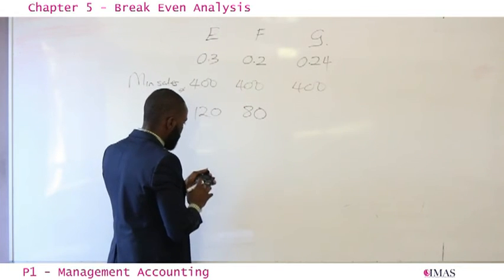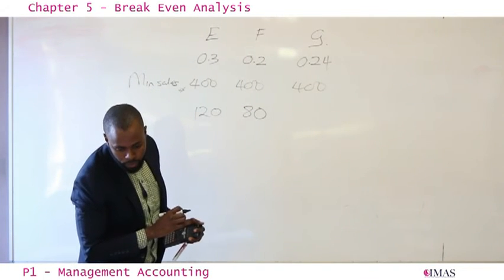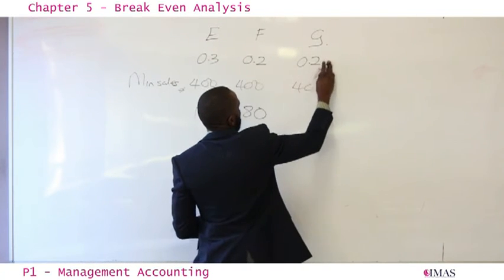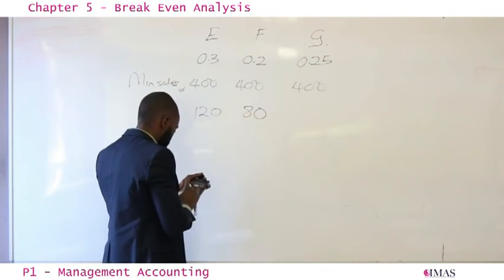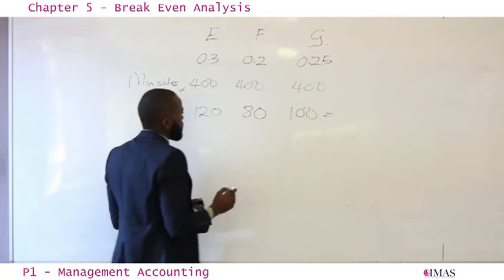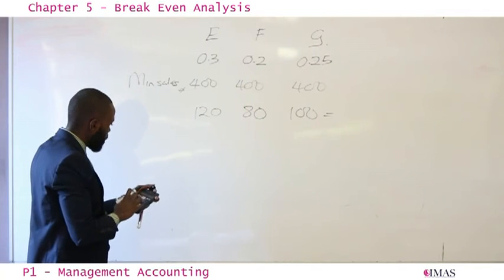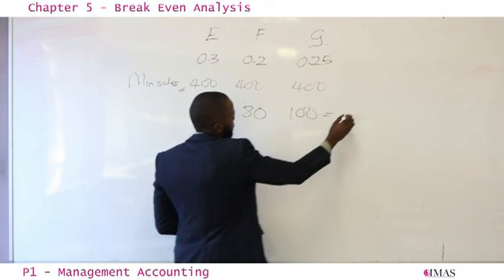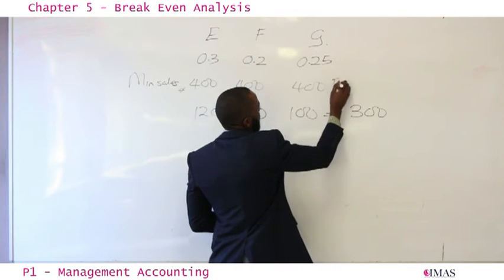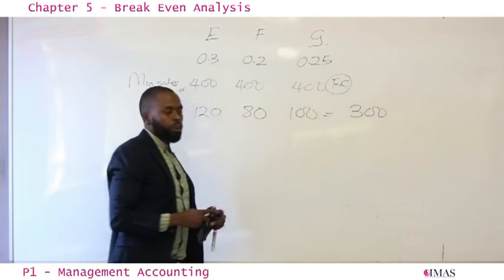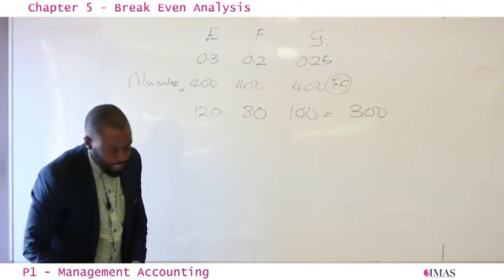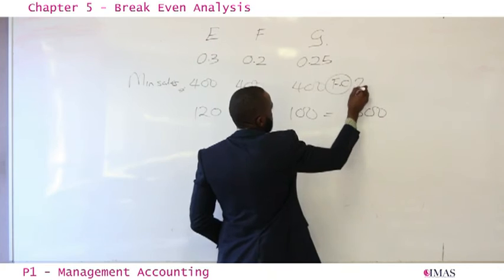And 400 times 0.25 is 100. So subject to the minimum conditions, we're going to get a contribution of 300. Our fixed costs for the question are 850,000.